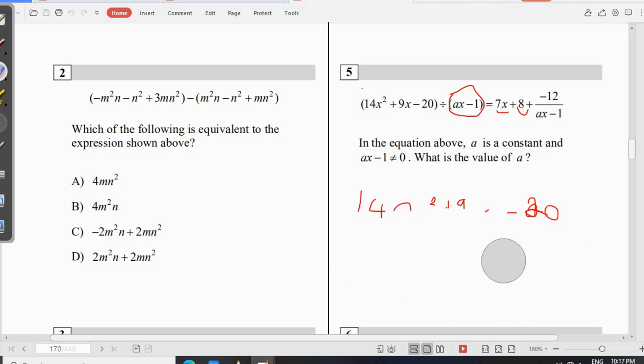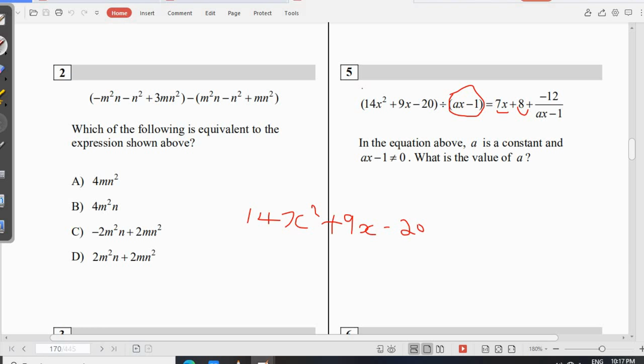So I'm having 14x squared plus 9x minus 20. Okay, now we know we are multiplying it by each of the terms. Ax minus 1 times 7x, we'll be having 7x times ax. That will be 7ax squared.